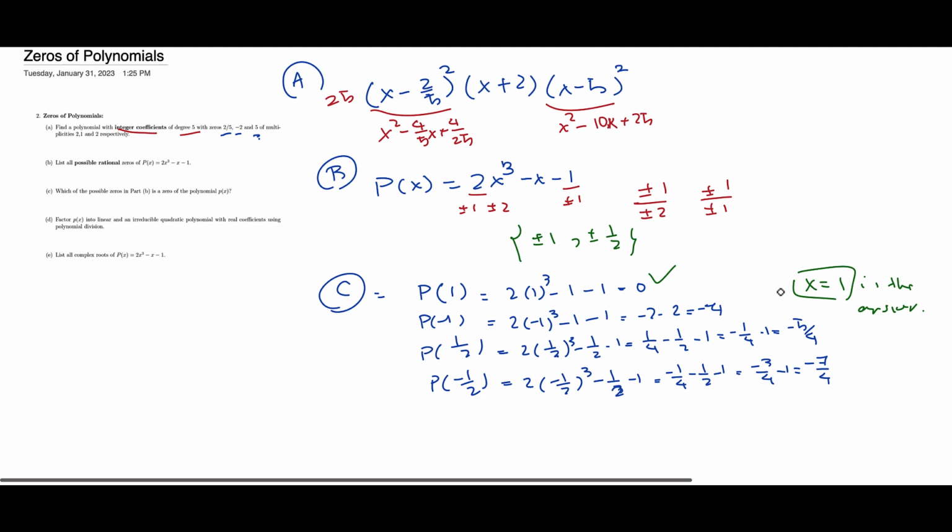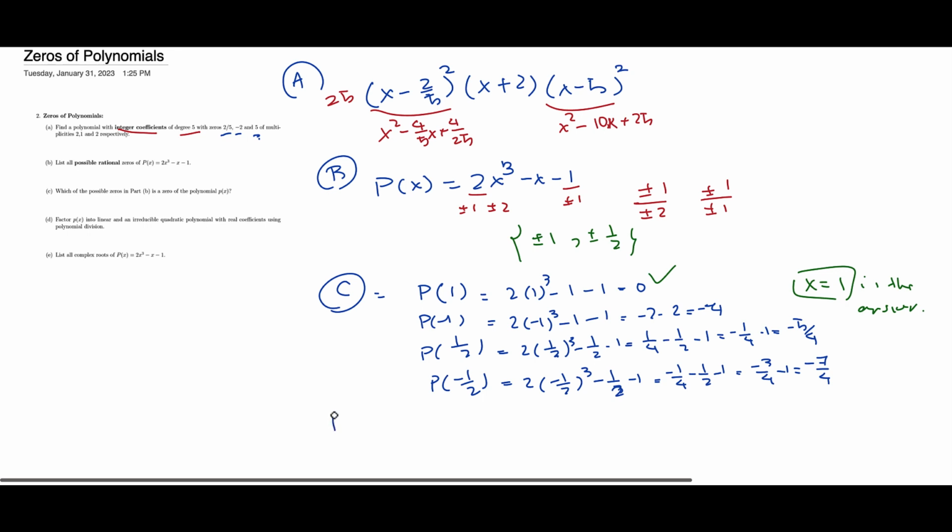Now the next piece is asking to factor p of x into a linear and irreducible quadratic polynomial with real coefficients using polynomial division. So I'm going to do a long division in this case. Because you're dividing by x minus 1, you can also do synthetic division.